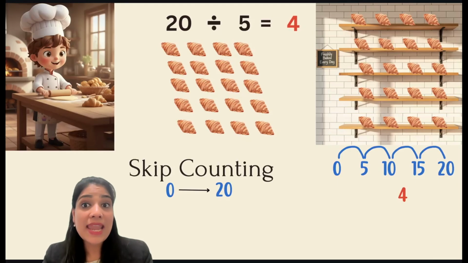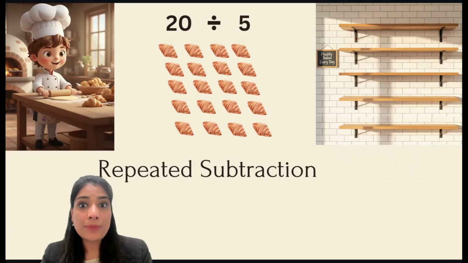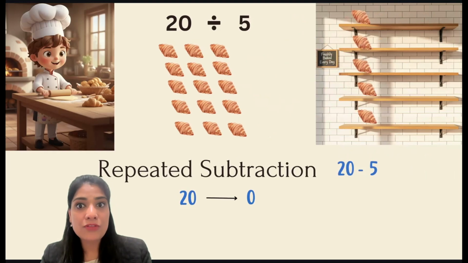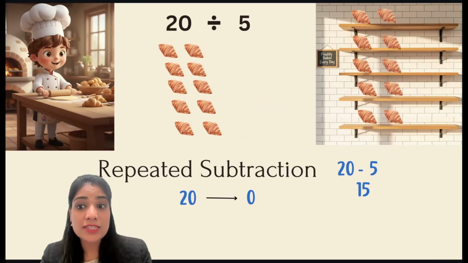Do you know there's another way to achieve the same division using the strategy of repeated subtractions. For repeated subtractions, we always go from total to 0. So from 20 to 0. We initially had 20 croissants. We gave away 5. How many are left? 15. We placed another 5 croissants and 15 minus 5 became 10.